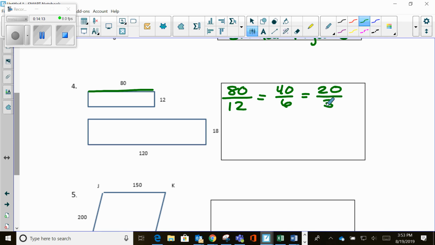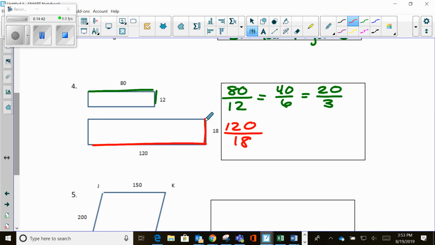But now I need to set up a ratio for the second rectangle, and I need to make sure that I do it in the same way. So the smaller rectangle, we said the long side divided by the short side. That means in the second rectangle, I need to set it up long side divided by the short side. So we have 120, that's our long side, divided by 18, which is our short side.